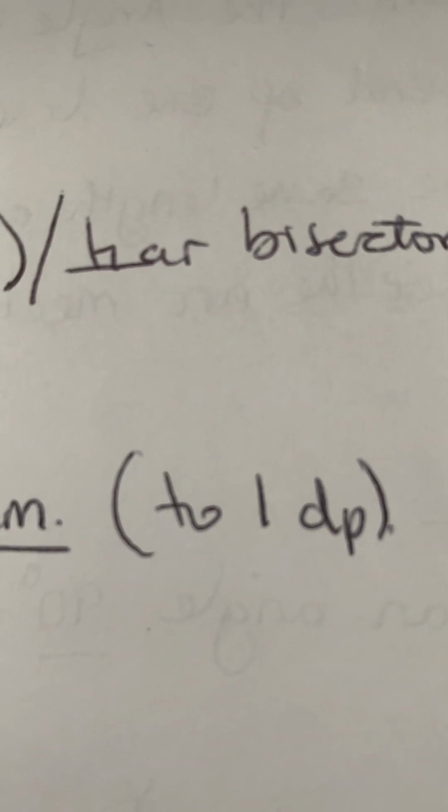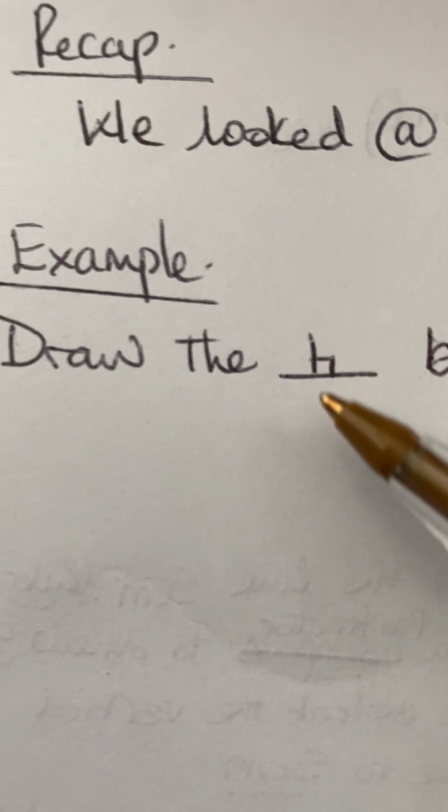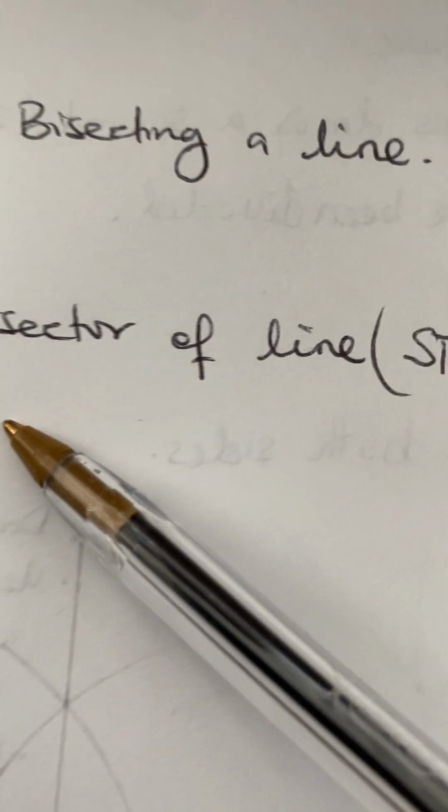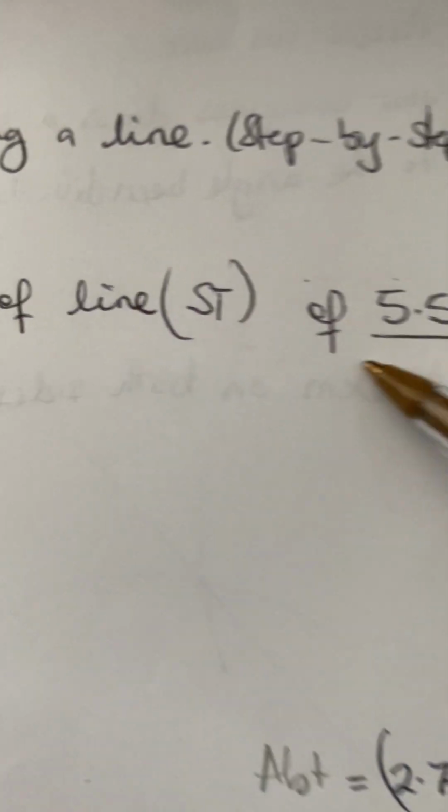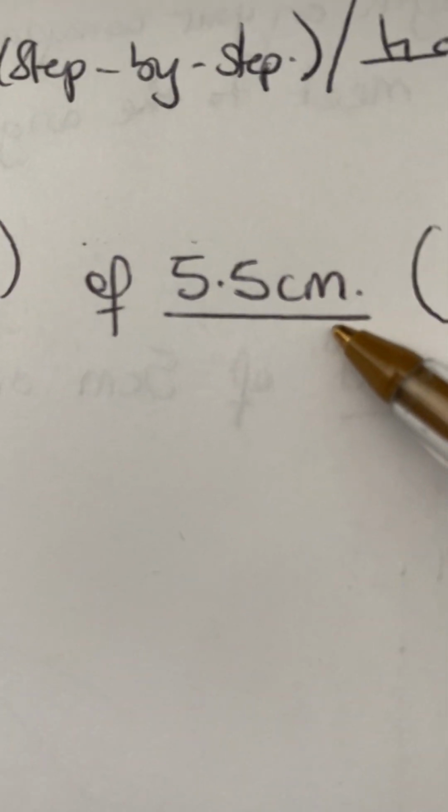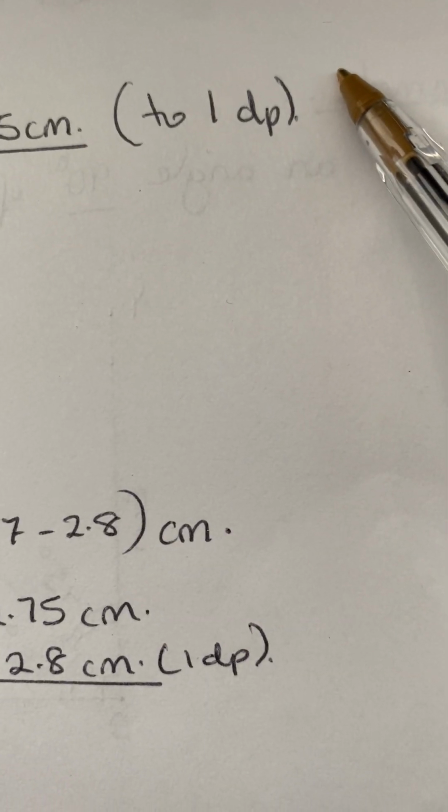So an example is, draw a perpendicular bisector of the line ST of 5.5 centimeters to 1 decimal place.